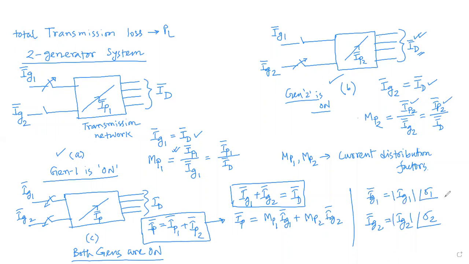This is what we get if we take the phasor representation, with the magnitudes of IG1 and IG2 and the corresponding phase angles sigma 1 and sigma 2. If we use Euler's identity, we can go a bit further, and IG1 could be expressed as, okay, let me erase some part of it.